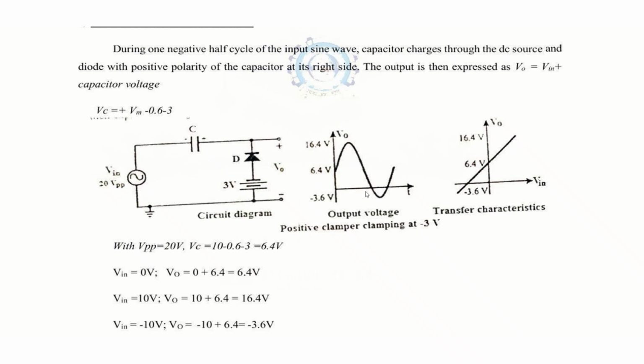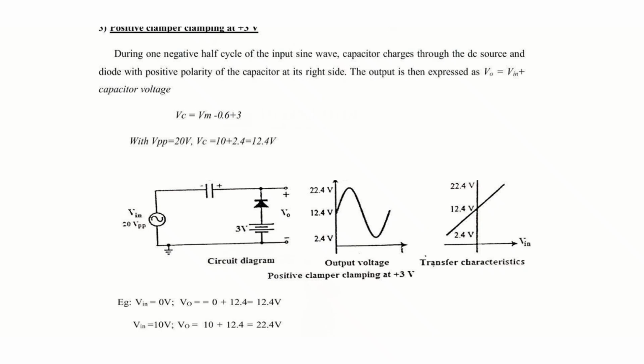So from the entire positive clamper waveform, we are subtracting 3 volt. For clamping at minus 3 volt, we subtract 3 volt, and for clamping at plus 3 volt, you have to add plus 3 volt to the entire waveform. So the peak to peak voltage will remain the same. 22.4 minus 2.4 is a total of 20 volt peak to peak.